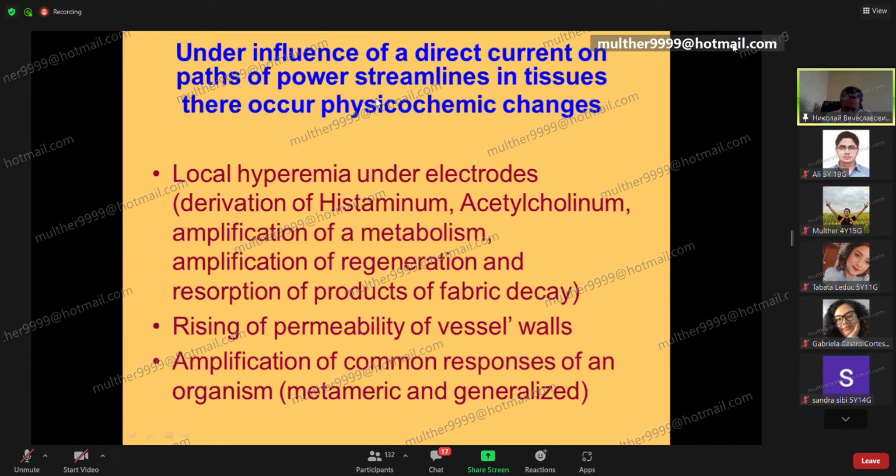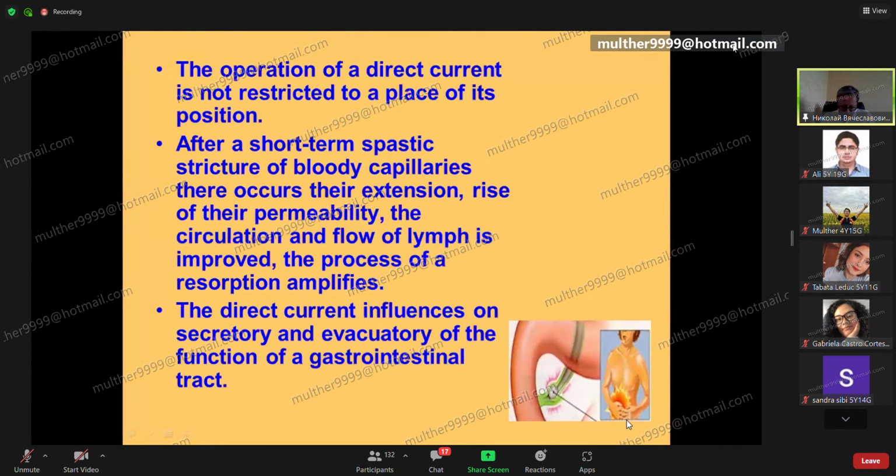Amplification of metabolism, regeneration, resorption of tissue decay products, a rising of vessel wall permeability, and so improvement of microcirculation and amplification of common responses of an organism. So, general stimulation of different metabolic processes.